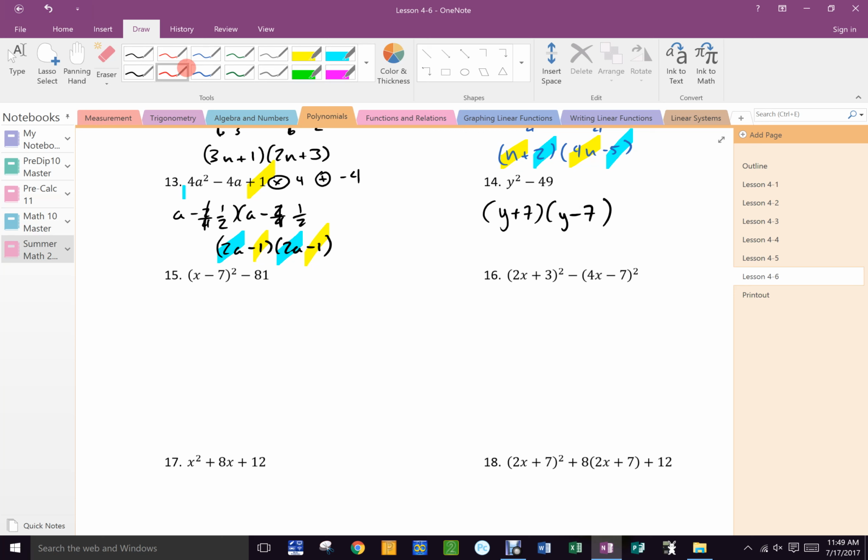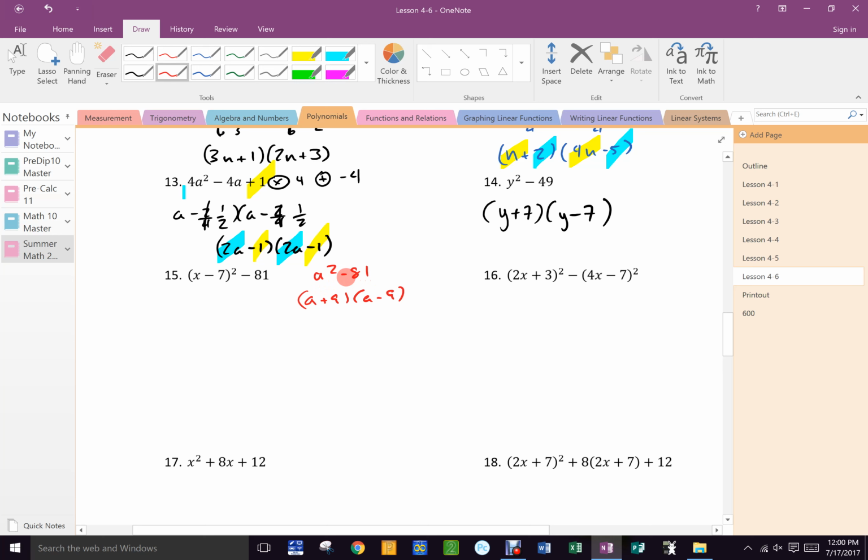Could you factor this? You know how to factor that? What is it? A plus 9, A minus 9, right? Okay, so you know what to do if that's anything squared, right? Well, isn't that just something squared? So there you go.